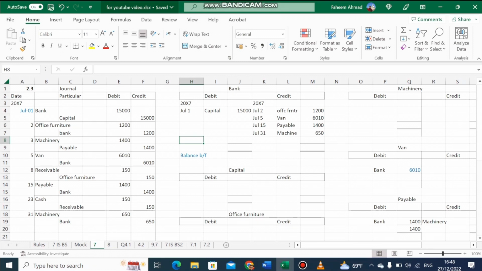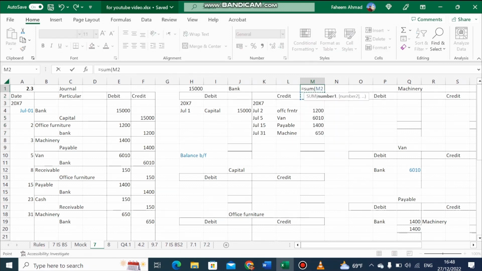Now what is the next step? On debit side, please check how much is total. On debit side we can see total is 15,000. I will write here temporarily 15,000. Okay, what is the total of these credit side accounts? I will take total here.